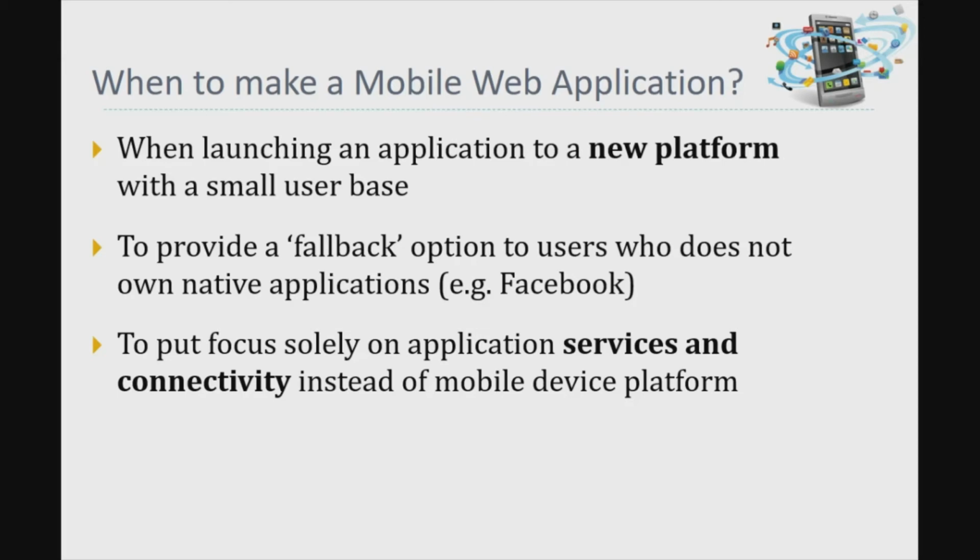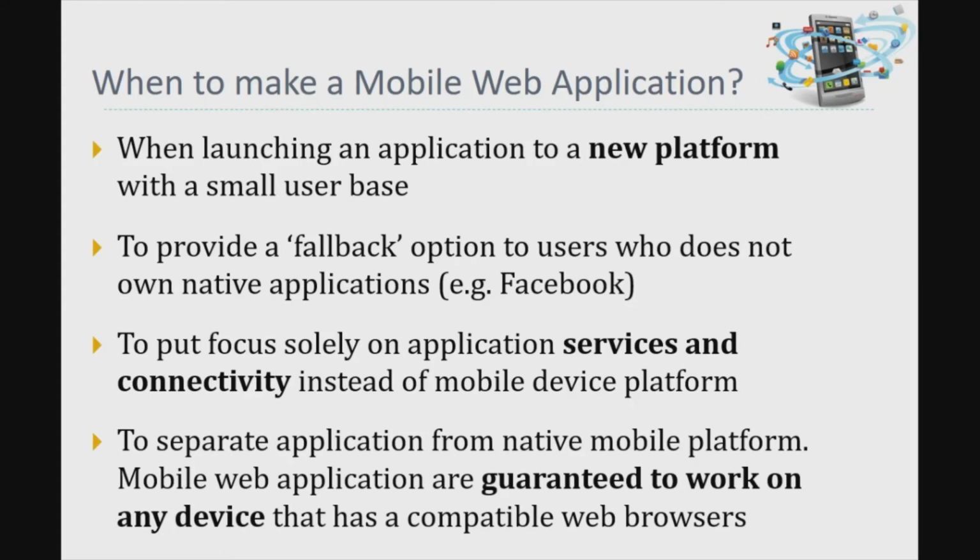Number 3, to put focus solely on the application services and connectivity instead of the mobile device platform. Number 4, to separate the application from the native mobile platform. Mobile web applications are guaranteed to work on any device that has a compatible web browser.